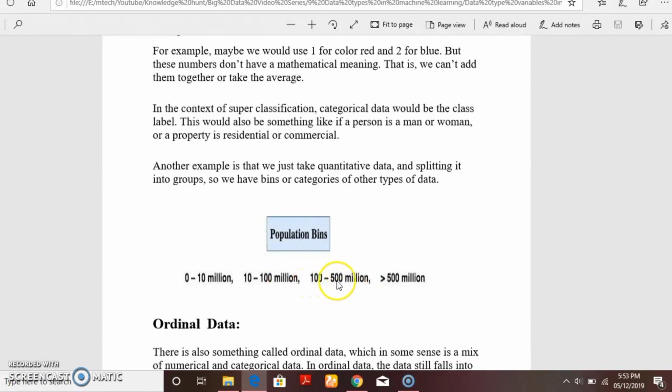These are numbers, but they show a category of people who belong to a specific area. It is not exactly 10 million; it is in the range of 0 to 10, so it denotes a specific category.